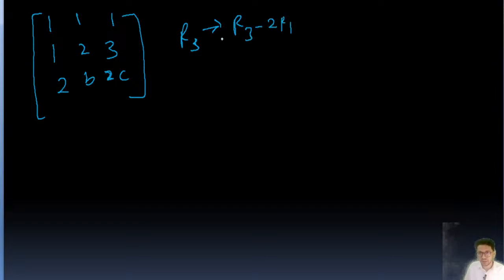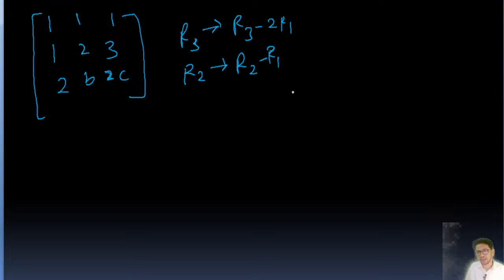Because if we do this operation, this element is going to be 0. Second operation, in the second row, R2 becomes R2 minus R1, okay.